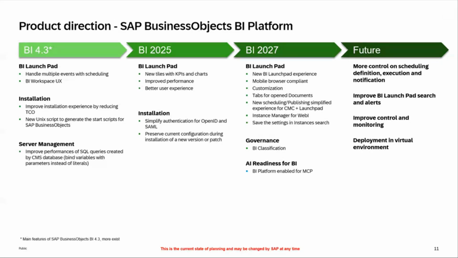We are integrating with the standards in terms of authentication, etc. And version after version, we are improving the launchpad, which is often the entry point to Business Objects. One important point that I want to mention is that we will not deliver AI features out of the box in Business Objects.